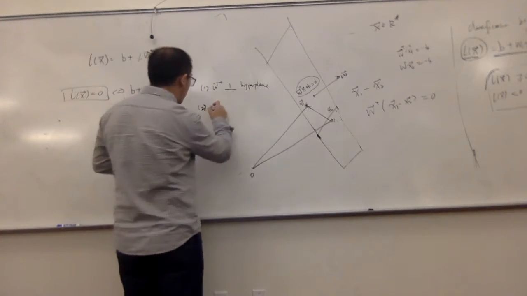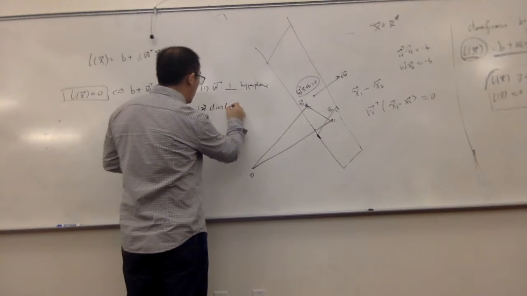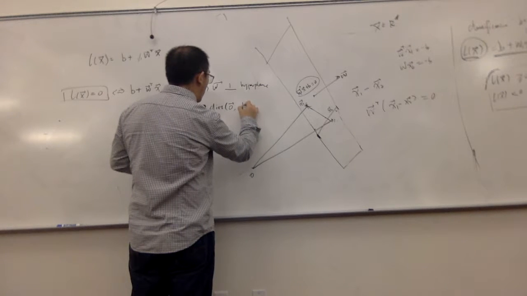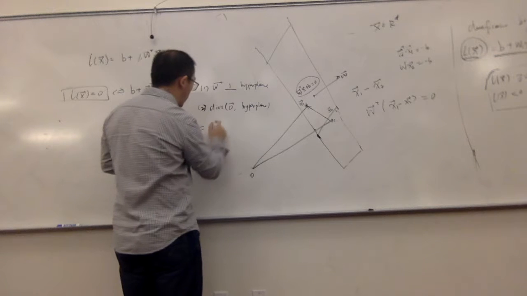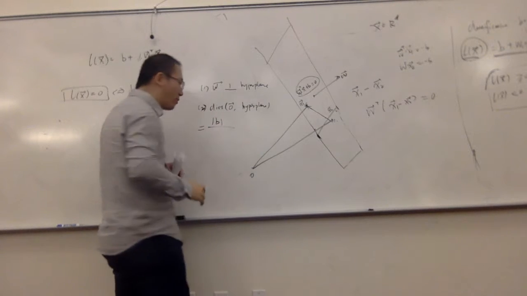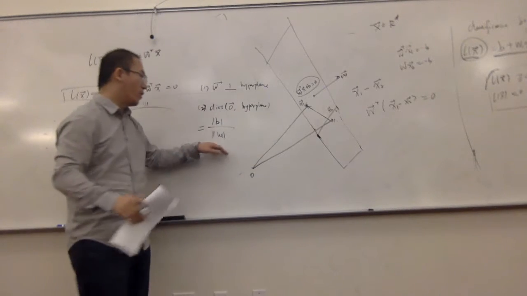The distance between the origin 0 and the classification hyperplane is the absolute value of B divided by the norm of the weight vector W.